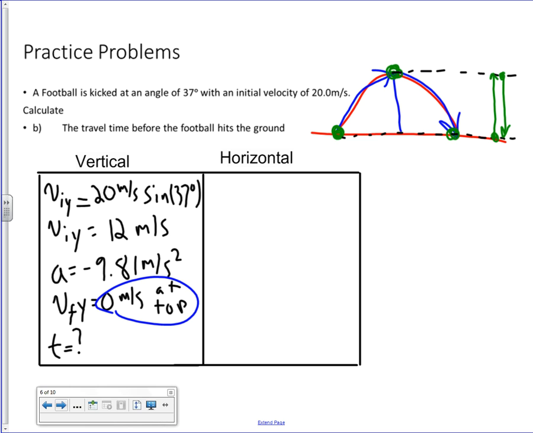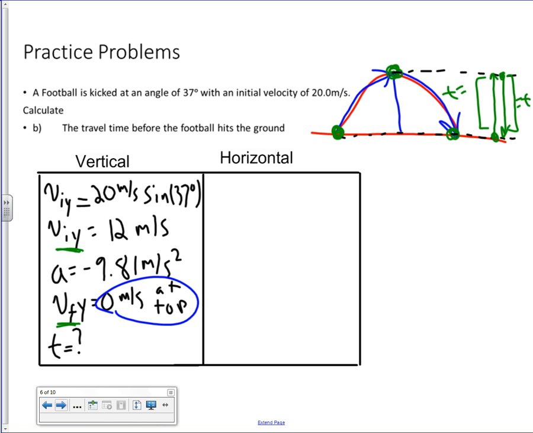Let's double the trip. This first part is going to be our t, but we also need this part, which is also equal to t, because acceleration due to gravity is constant. The time it takes to get up to this point is the same amount of time it takes to get back down. So if we just double the time, because we're only looking at the first half of the trip, we can get the total. That's because we're using these parameters of VFY is 0 and VIY is 12.